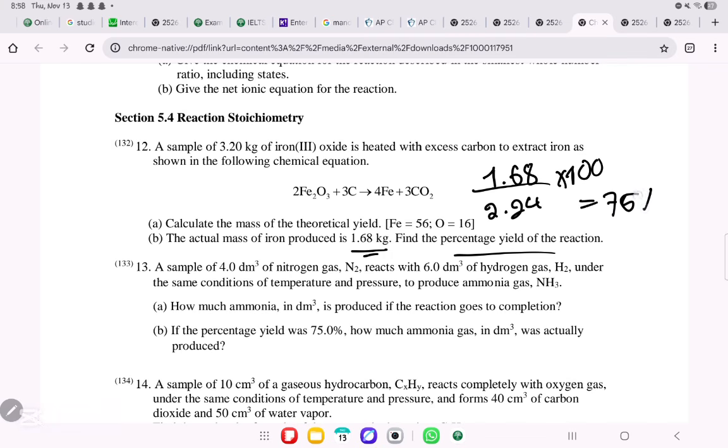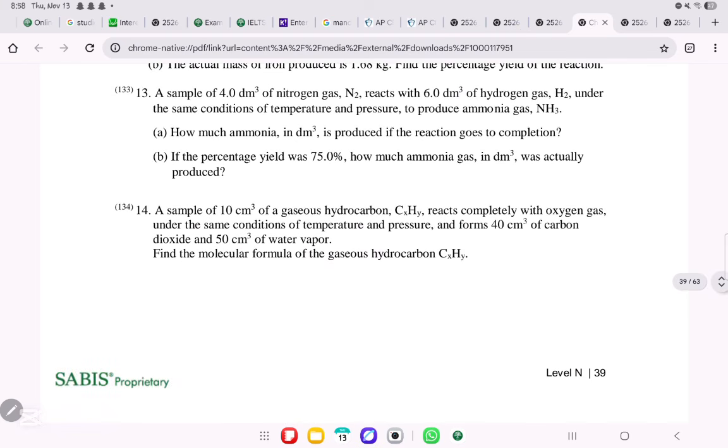We'll move on to question number 13. A sample of 4 decimeter cubed of nitrogen gas N2 reacts with 6 decimeter cubed of hydrogen gas H2 under the same conditions of temperature and pressure to produce ammonia gas NH3. So let us first write the equation.